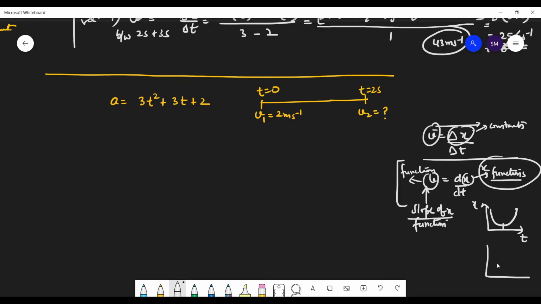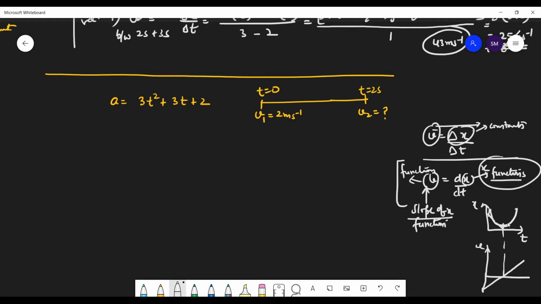Here it is decreasing, so the slope is negative, and then positive. So how will you draw the graph? The slope is negative from this point to this point, and here the slope is 0. So that's velocity. The slope is 0 at this point, before that it is negative, and after that it is positive.